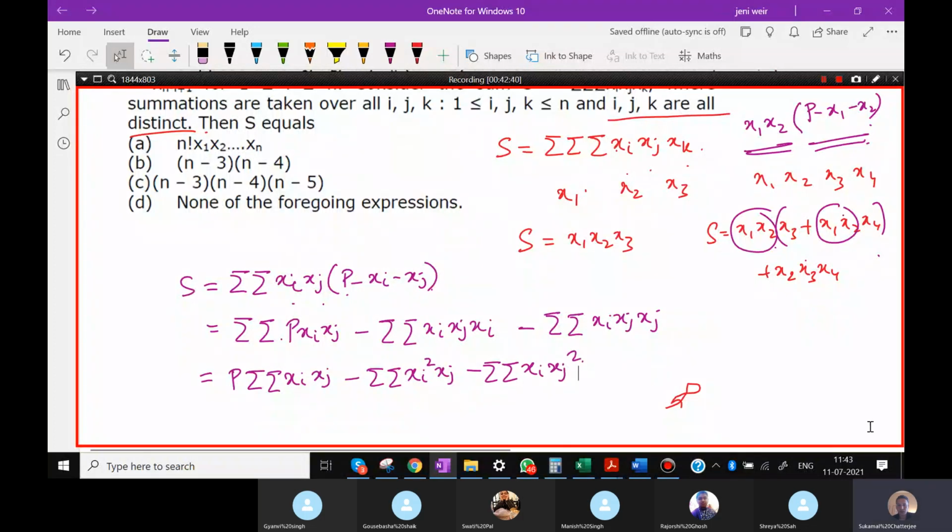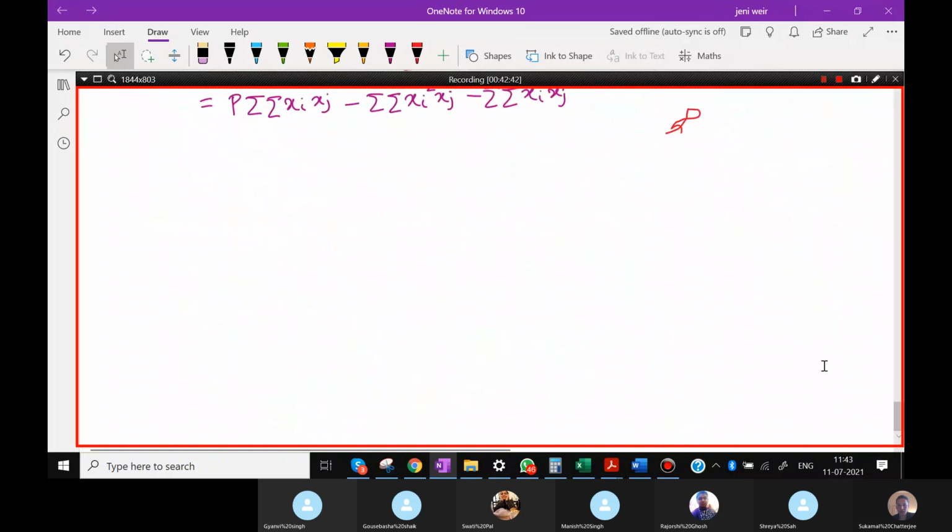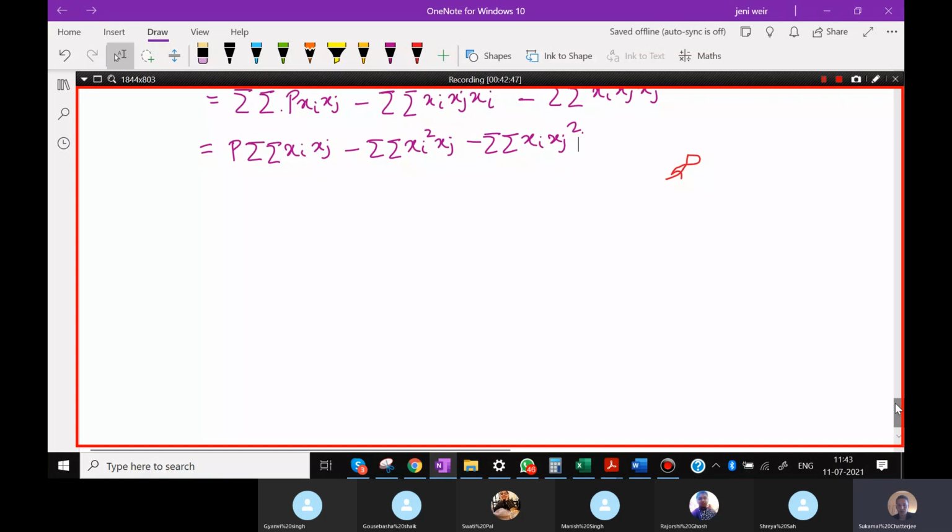Now, once again, since i and j are distinct, this one will become equal to p into the sum of xi into (p minus xi). Right?